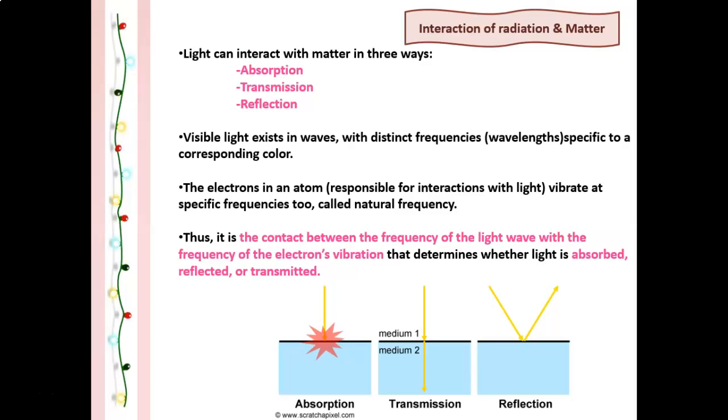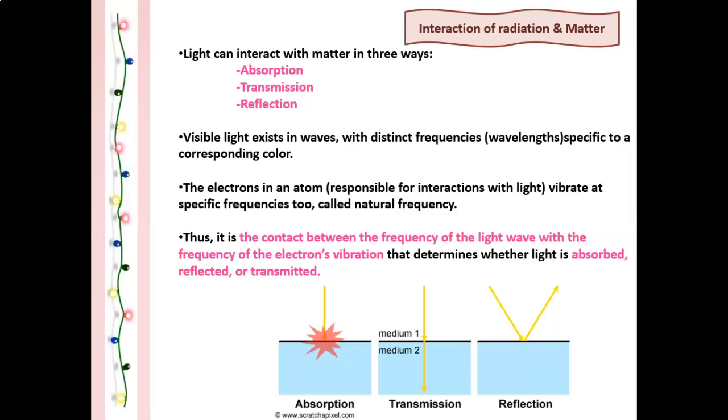And the electron in an atom, which is responsible for interaction with light, will vibrate at a specific frequency called the natural frequency. So please be aware of the word vibrate. Thus, it is the match between the frequency of the light wave and the frequency of the electron vibration that determines whether light is absorbed, reflected, or transmitted.